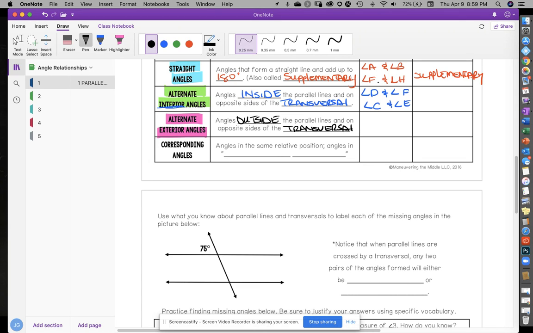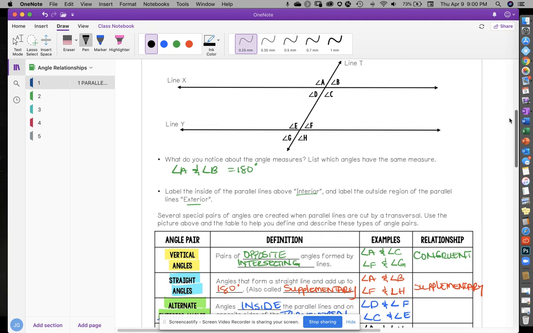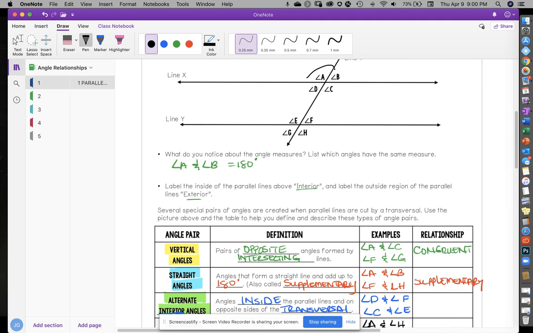For instance, you're looking at angle A and angle H, angle B and angle G. All right, so let's look at those. We have angle A and angle H. And then you have angle B and angle G.